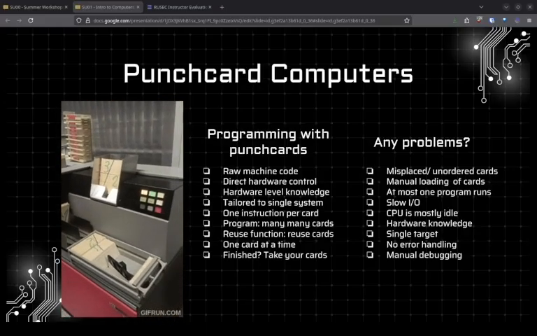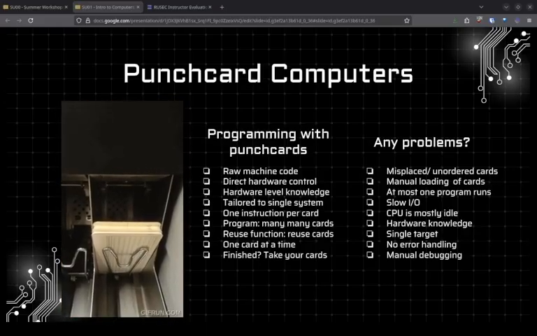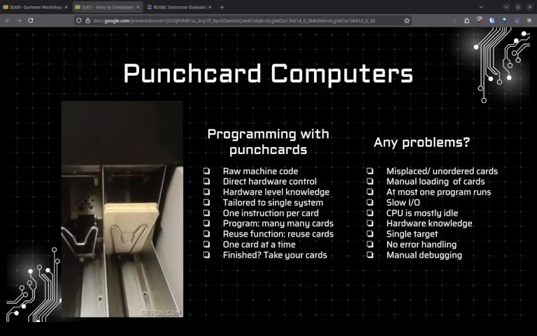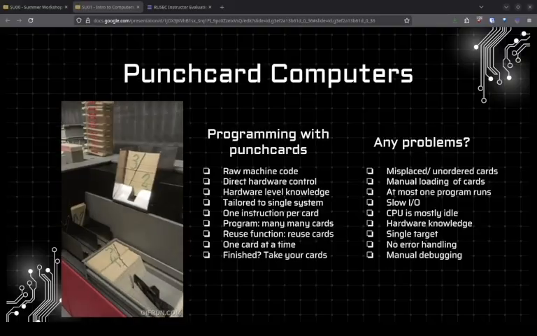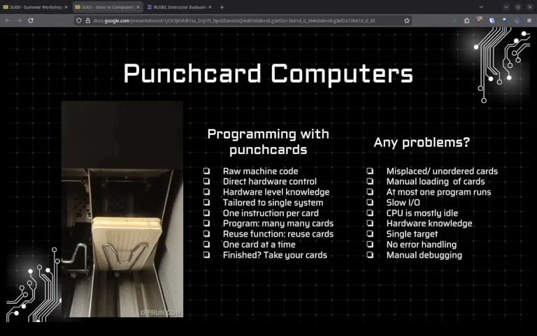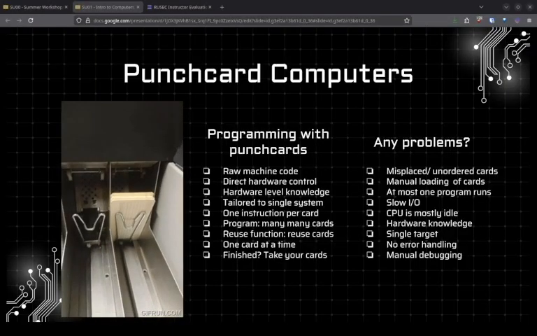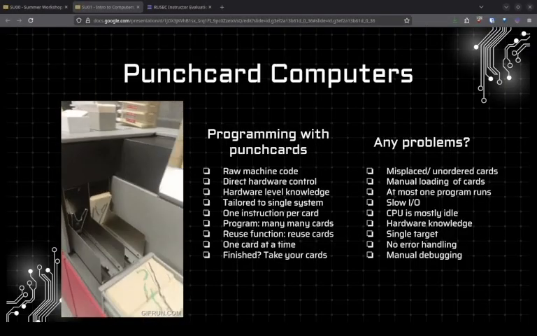Another issue is that, due to the sequential nature of the early punch card machines, you could only have one program run at a time at maximum. If you wanted to run your second program, you would have to wait until the program before yours finishes before you could put in your own program.